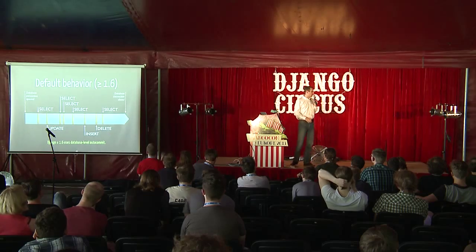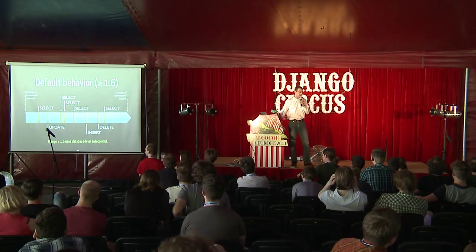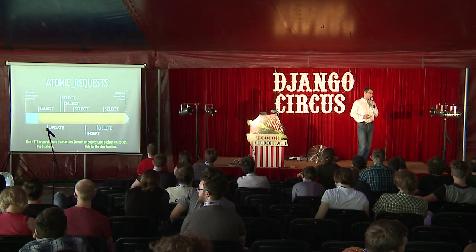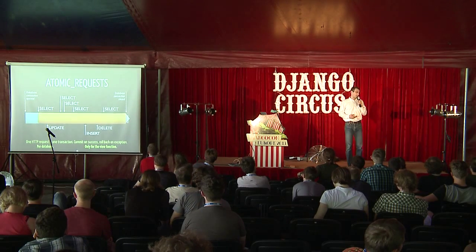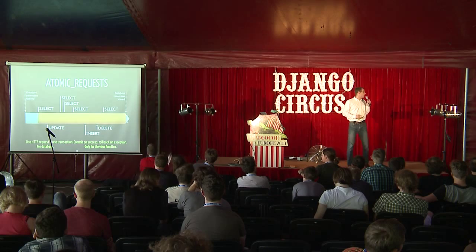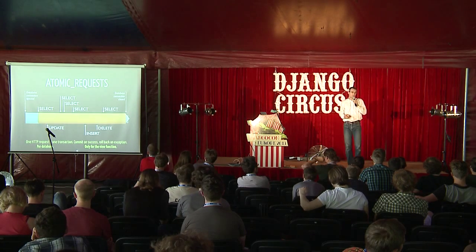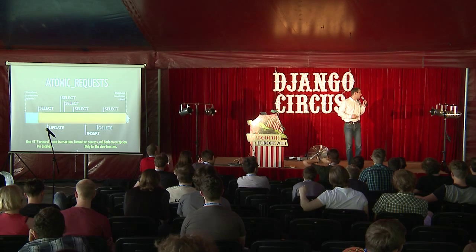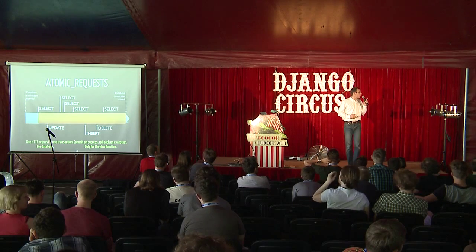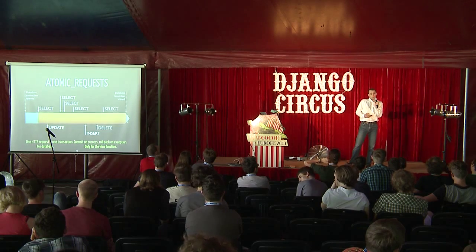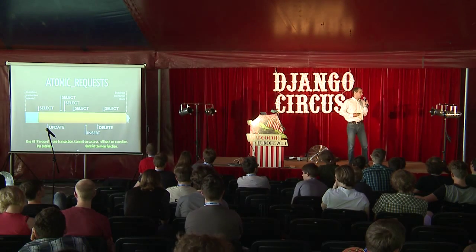So if we add in a few write statements, it's the same. They're committed immediately. There's a replacement for the transaction middleware that is called atomic request. This is a parameter that you set in your settings on a per-database basis, so that solves the problem with multiple databases, and it only covers the view function, which solves the problem of whether middleware is or is not included.